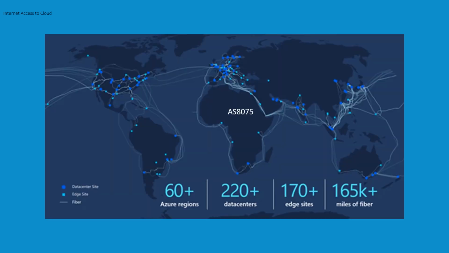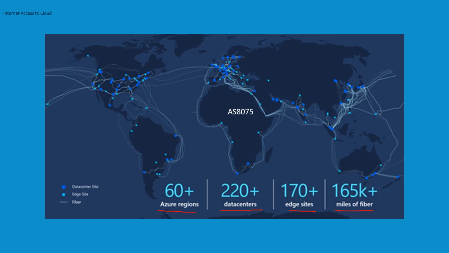Microsoft is a big player on the internet, which you can see by looking at the different Azure regions: 220 plus data centers, 170 edge sites, and 165K miles of fiber. They offer services like O365, Azure, and gaming within the digital landscape.